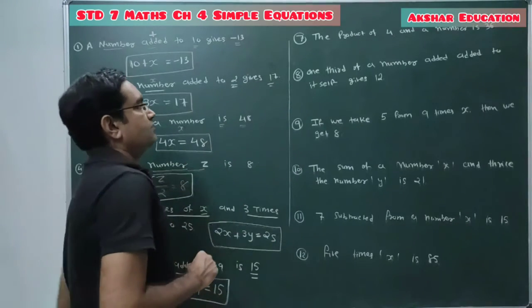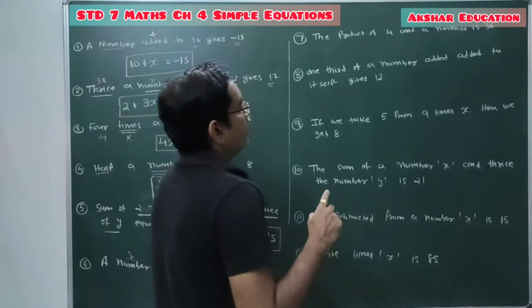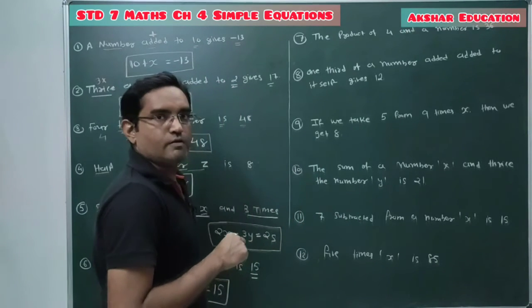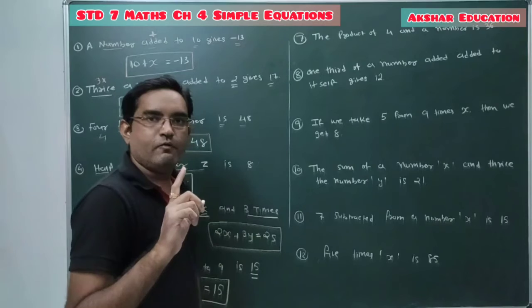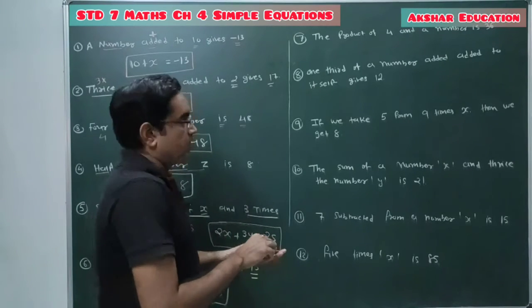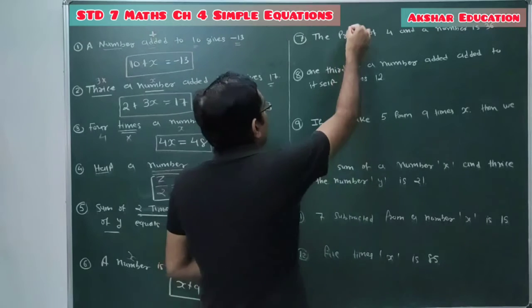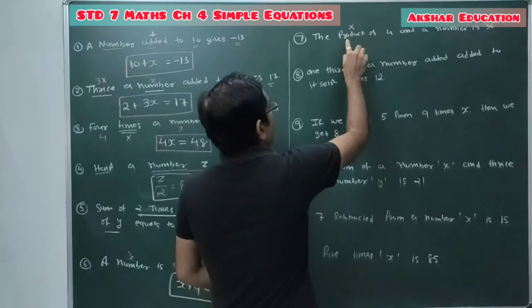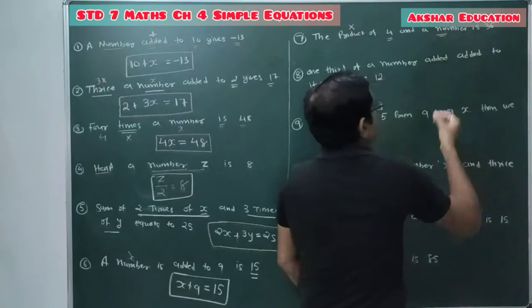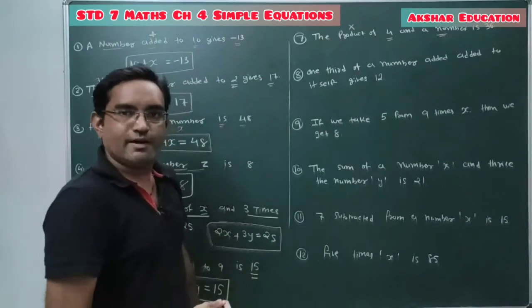Now consider this one. The product of 4 and a number is 36. Product जो मार्केट में लेते हैं ना, वो वाली प्रोडक्ट नहीं है ना. मैथ्स में प्रोडक्ट का मतलब होता है मल्टीप्लिकेशन. So the product of 4 and a number. भाई कौन सा नंबर? नहीं पता है.